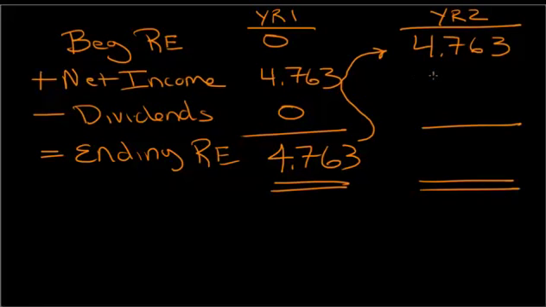We'll look at our net income from year 2, and we'll look at our dividends from year 2, to provide us with our ending retained earnings at the end of year 2, which then becomes our beginning retained earnings in year 3. So that's how we get that. Now in the last transaction, we're going to do a closing entry, and I'm going to show you how to close out the income statement so we can start year 2 fresh.